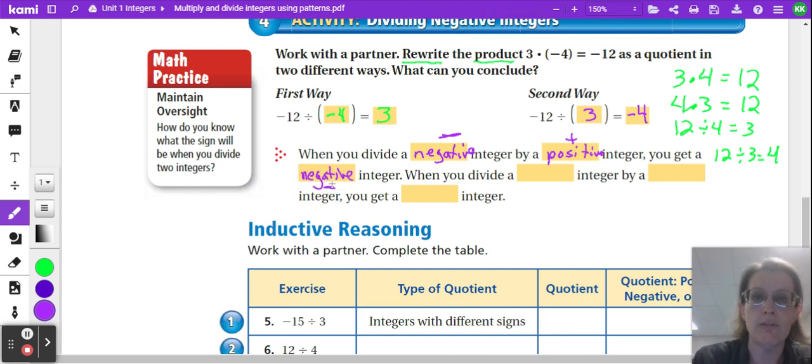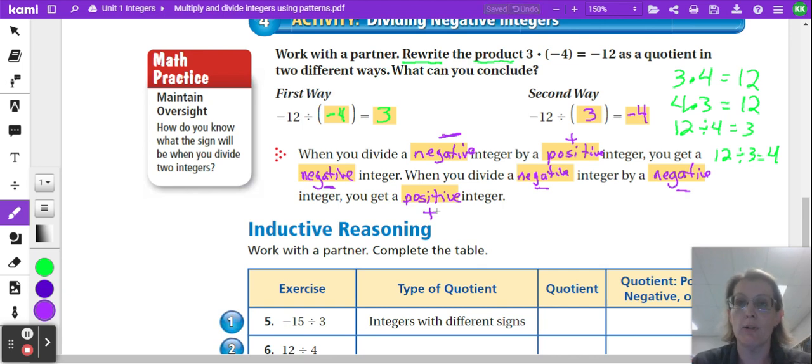You can just put a minus if you want to. And when you divide a negative by a negative, you're going to get a positive answer.